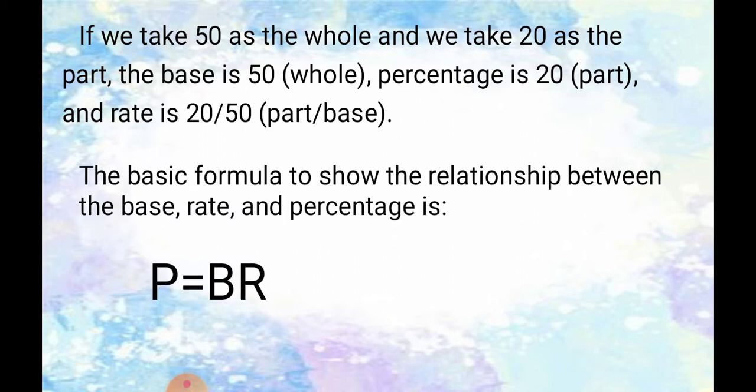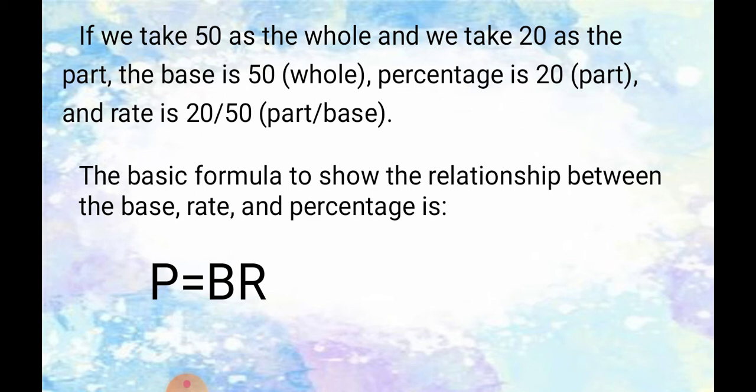Okay, the basic formula to show the relationship between the base, rate, and percentage is percentage equals B times R, or the base times the rate. If you multiply the base and the rate, it is our percentage.